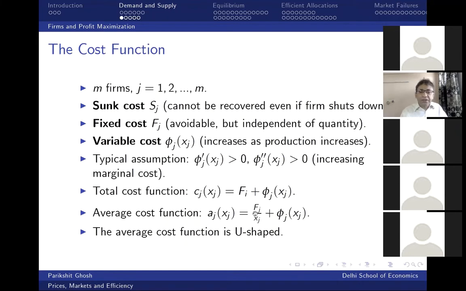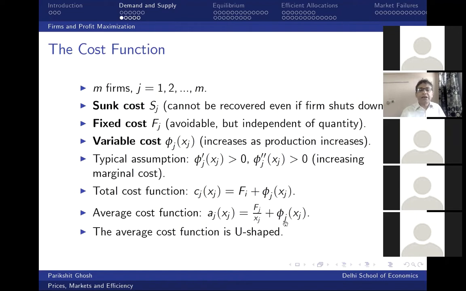Now, if you look at the first component, the fixed cost divided by the quantity, that is, of course, a declining function. It's really a rectangular hyperbola. So one component of average cost goes down as the firm's production increases. The second component may be increasing, especially if you have increasing marginal costs like this.